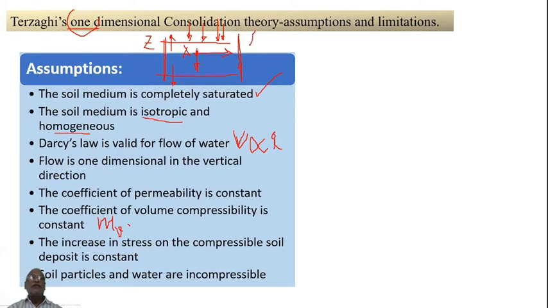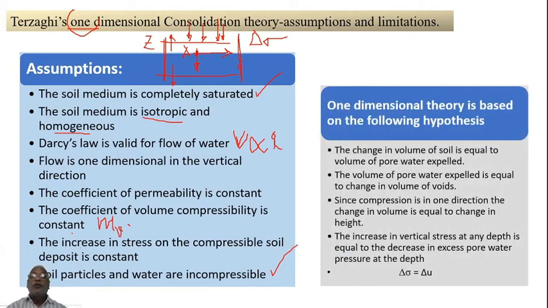The increase in the stress will be denoted as delta sigma. Sigma is the stress, but delta sigma is the additional stress which is put on the soil so that it gets squeezed or consolidated. The soil particles and water are incompressible. Fine, that's okay. Now these are the assumptions.